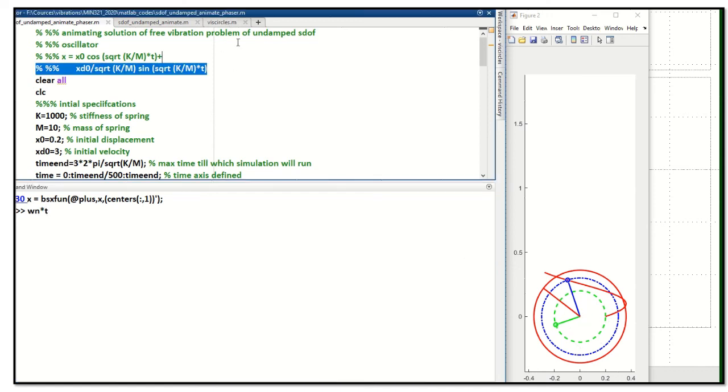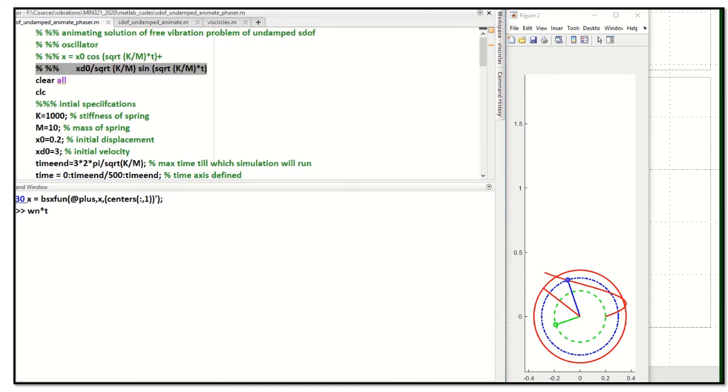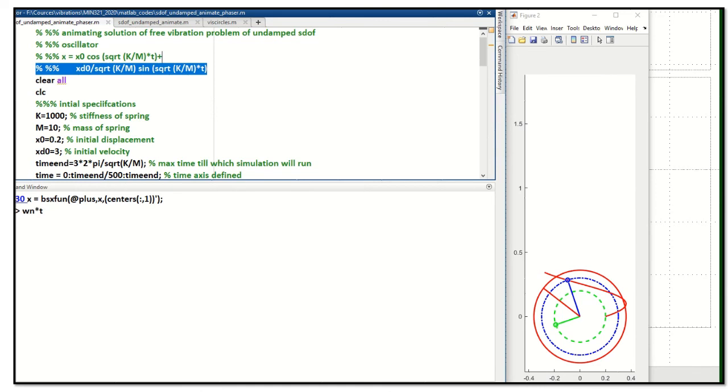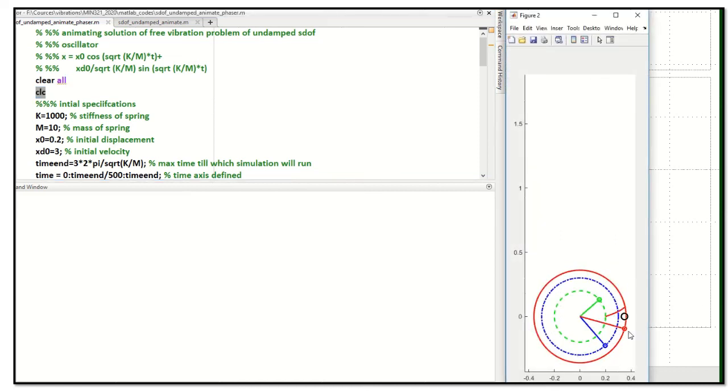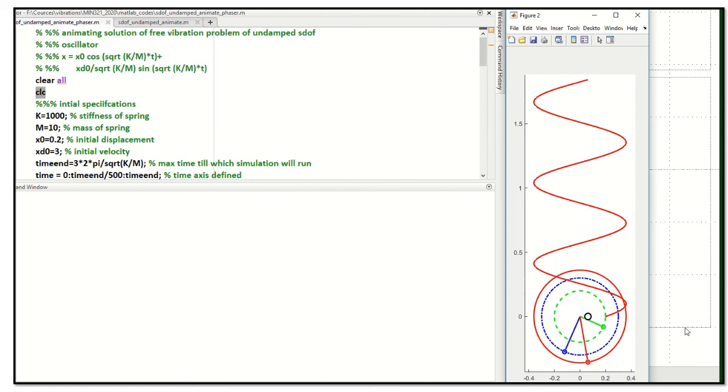So let's try to complete this. We'll have a look at it once again. Yes, we have started the simulation once again. Now see the black circle, which is the mass block, and how it is obtained by the fictitious particle's motion, which can be obtained by the position vector, which is the vector sum of this blue line and this green line.